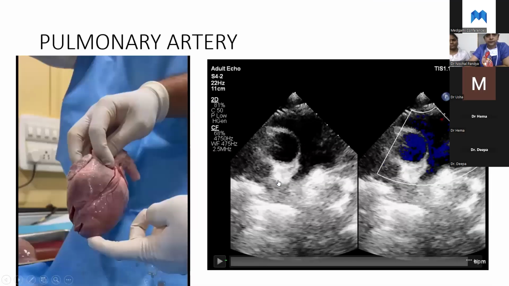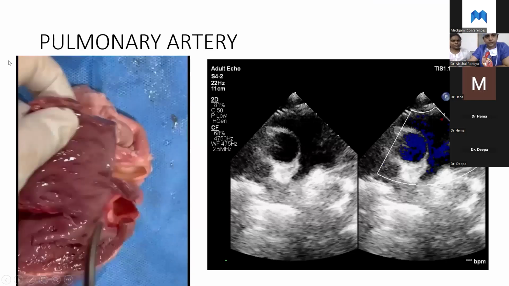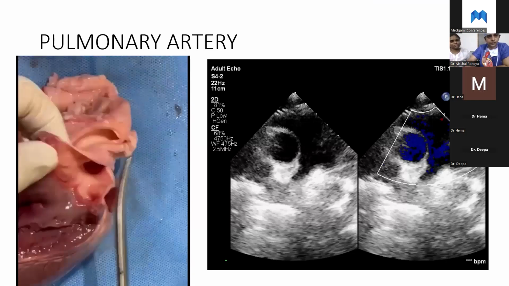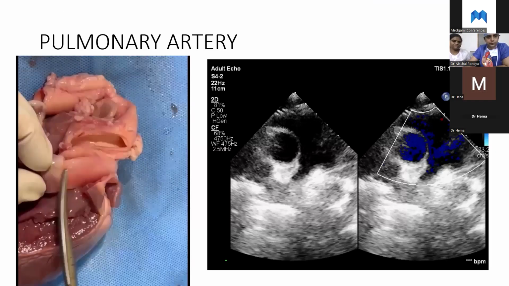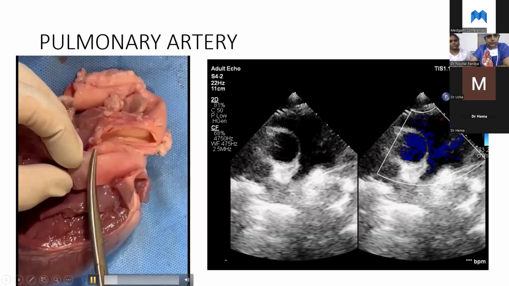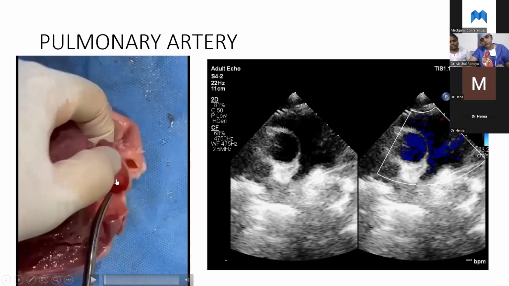Let's see if we have the previous ones. Going on to the PA. When you see externally, there is a distinct ventricular arterial junction. So this is again opening the PA. If you see me, this is the closed RVOT, more towards the LV, that is the LAD on the surface over there.